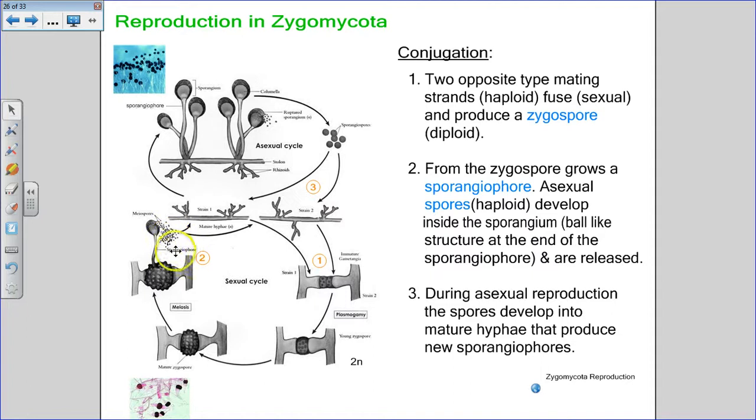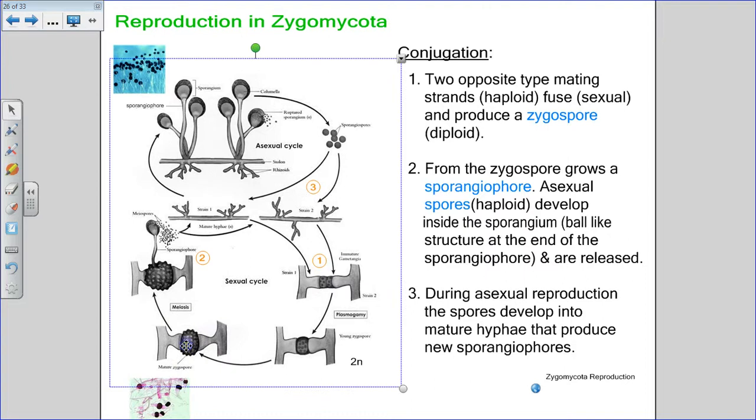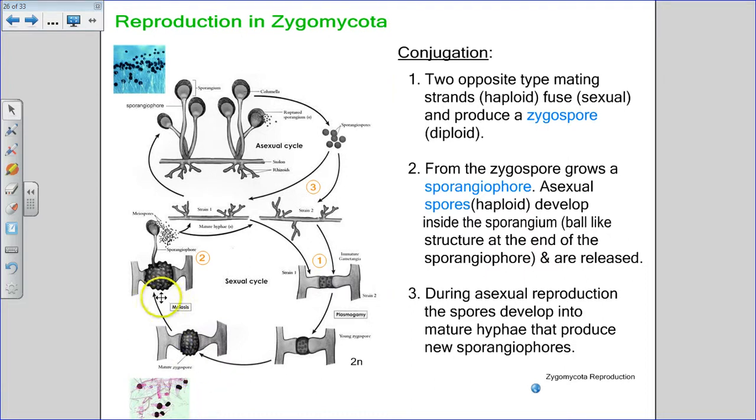So they make egg and sperm in us, which have only one set of chromosomes. So in this case, meiosis takes these cells of the zygospore and makes them have only half the number of chromosomes. So now these new strains will again only have one set of chromosomes whenever they form.